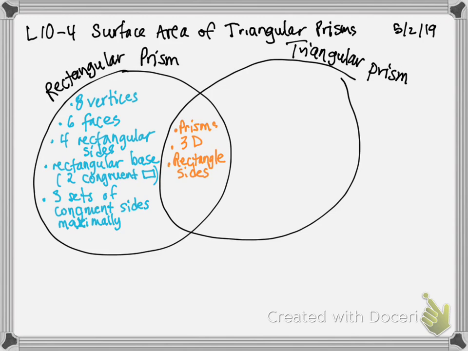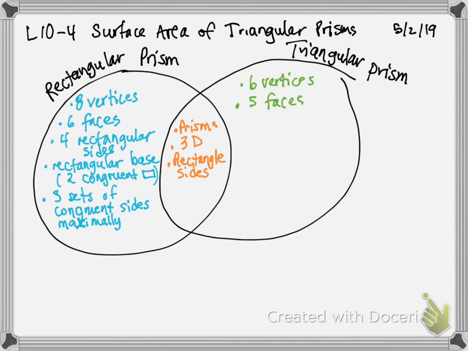They're all congruent. All right, so let's talk about the triangle. How does he differ from the rectangular prism? Well, let's think about it. There are 6 vertices. A triangle has 3 sides, so you've got the 3 points on the front base and 3 points on the back base. Strangely enough, it only has 5 faces.